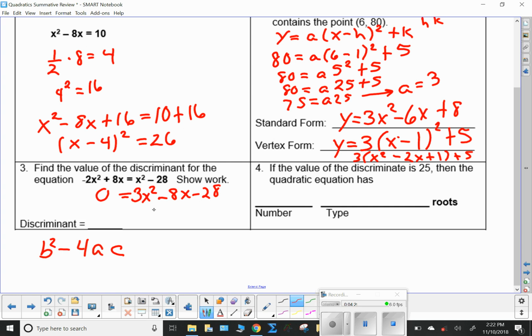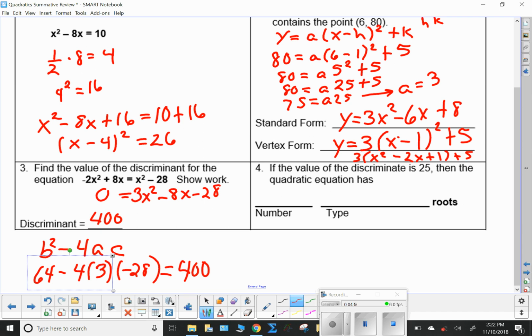Now, b squared is 64 minus 4 times a times c. So now I've got all of this, and it winds up being 400. The value of the discriminant is 400. Remember, you should not have the square root.